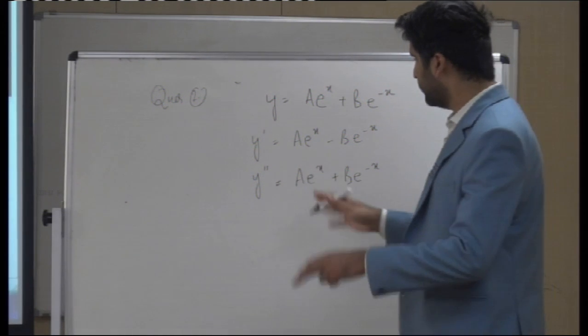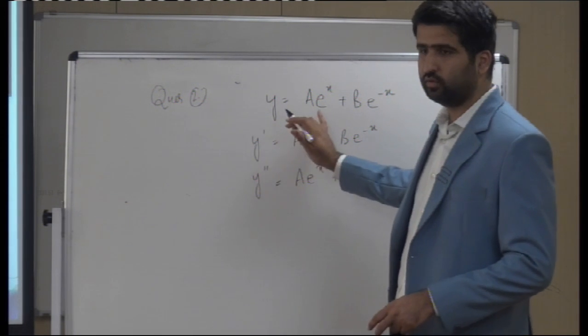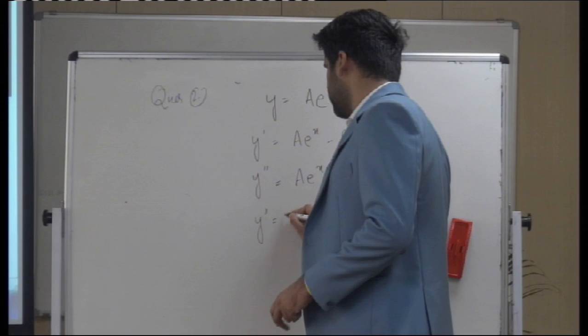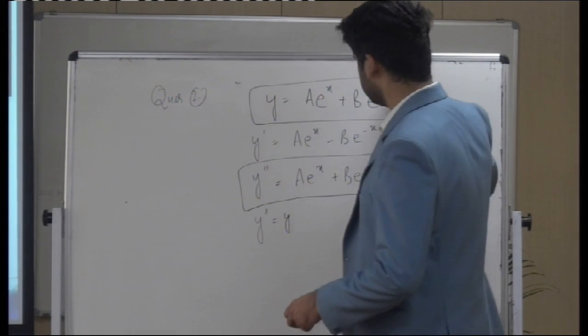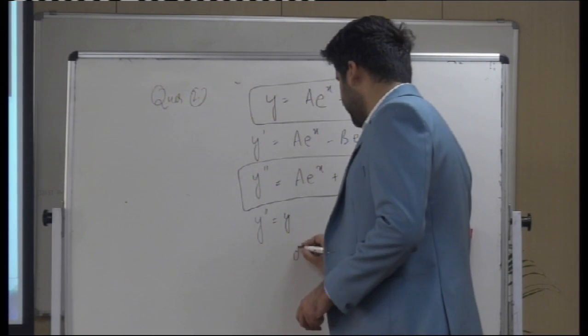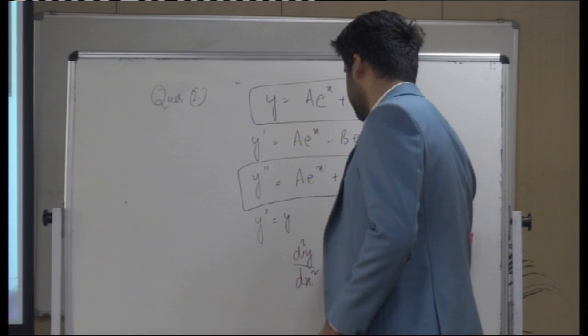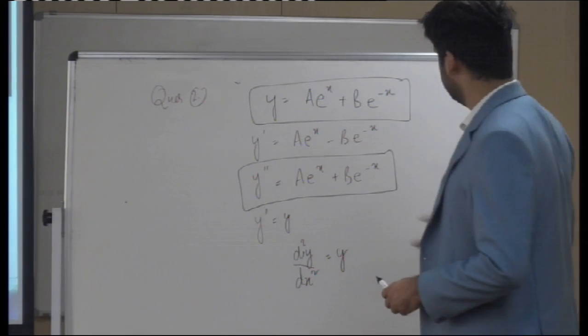We don't have to do anything. We know that y double dash is exactly the same as y. So what will be the differential equation? That y double dash is equal to y. Because if we compare these two, they're exactly the same. Okay, so the equation will be d2y upon dx2 is equal to y. Okay, so this is the answer.